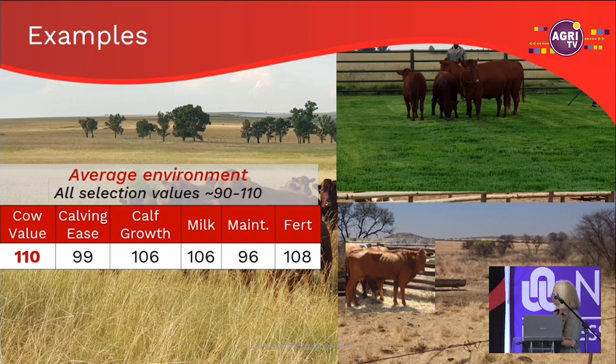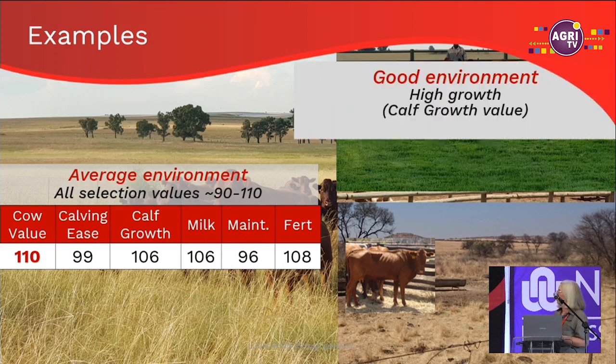So here we have our cow value, in this example 110, which shows you whether these others are in balance. Remember, between 90 and 110 is an average animal, and you can see the calving ease, the calf growth, the milk, the maintenance, and the fertility are all between 90 and 110. This is an animal suitable for an average environment.